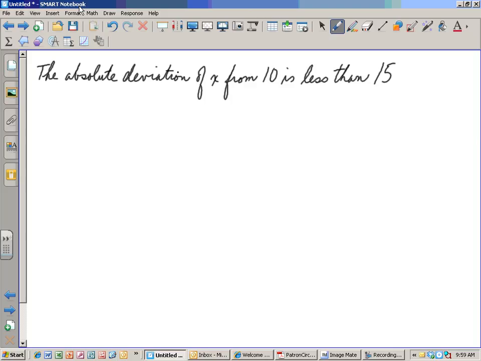Well, when you see that it's less than 15, I know I can put less than 15. Okay, so the absolute deviation of x from 10, well, that means x minus 10. And then we can go ahead and set up our case 1 and case 2. And because this is a less than sign, it's going to be an and statement.